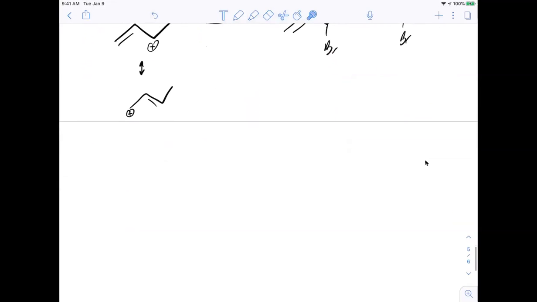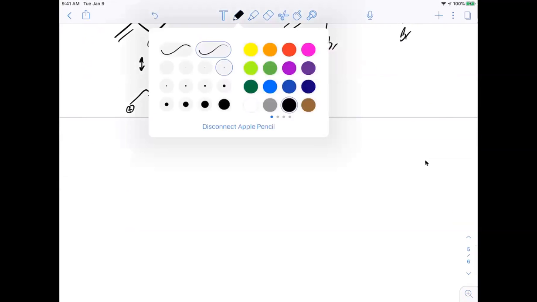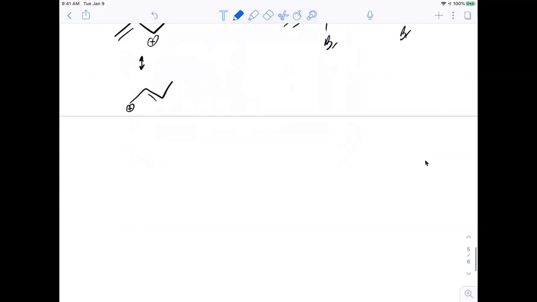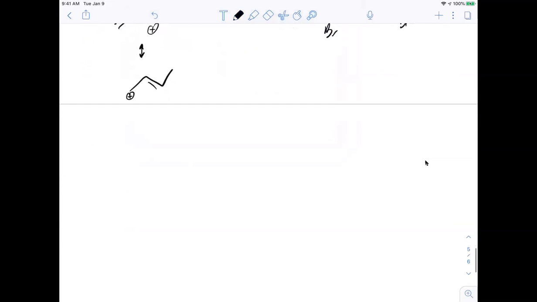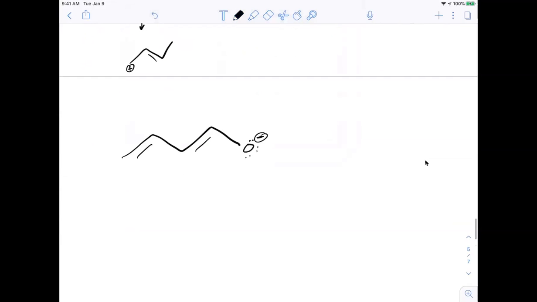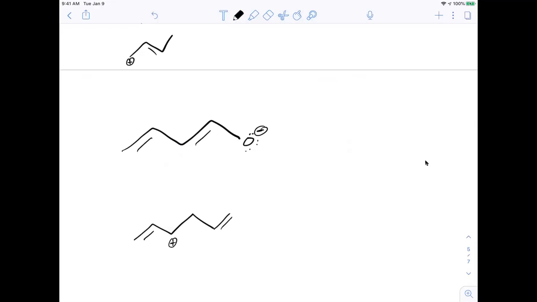Okay, let's try a couple harder ones. Let's take a minute or so, draw some resonance structures for these two.